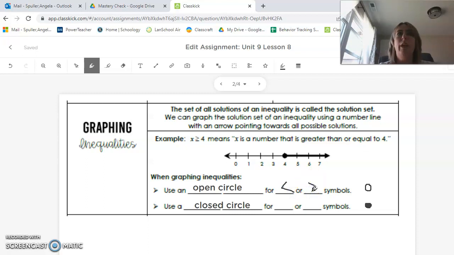It means that's the only thing it can be: less than, or greater than, but it can't be equal. Here, we use a closed circle for less than or equal to, and greater than or equal to. Make sure you get this in your notes because this is very, very important for this lesson.